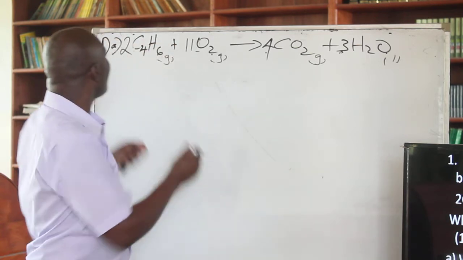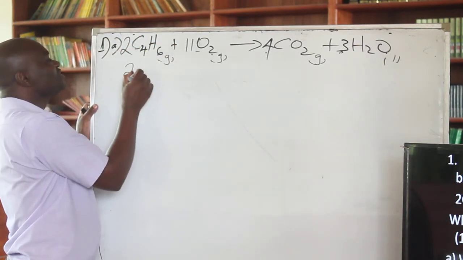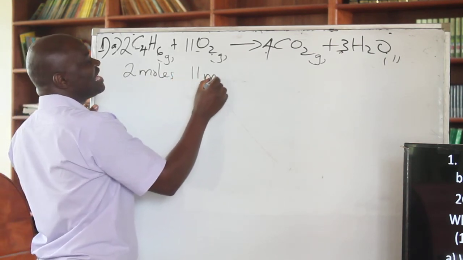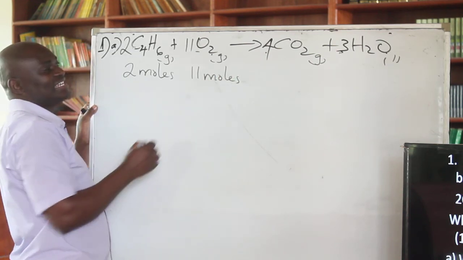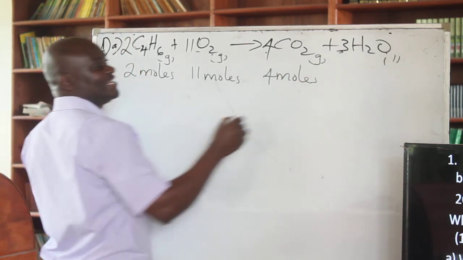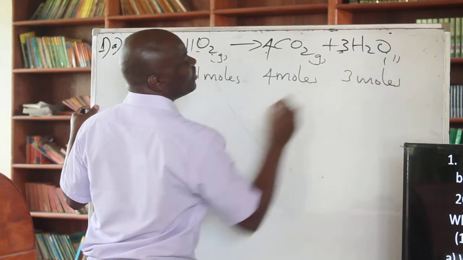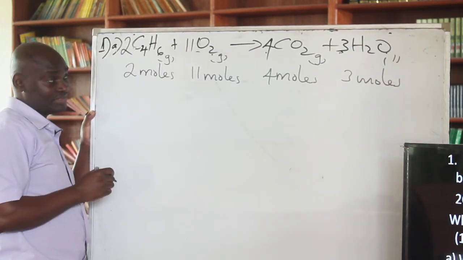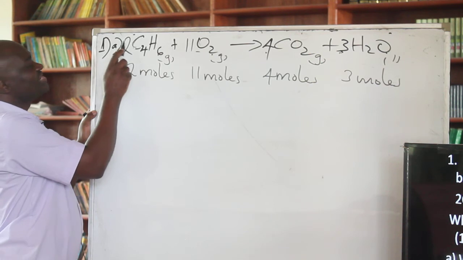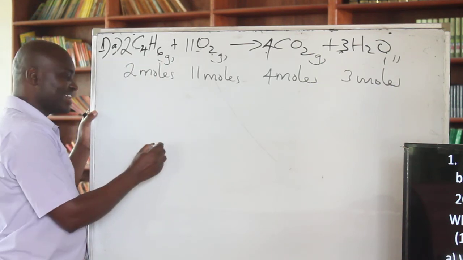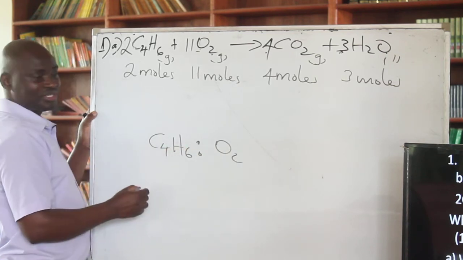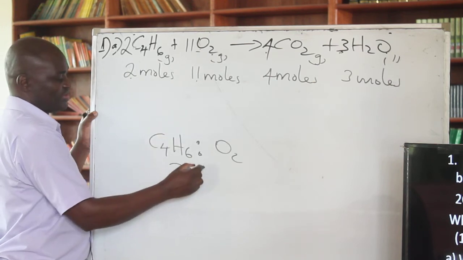So from this equation, 2 moles of butane require 11 moles of oxygen to give 4 moles of carbon dioxide and 3 moles of water. The ratio of butane to oxygen is 2:11.